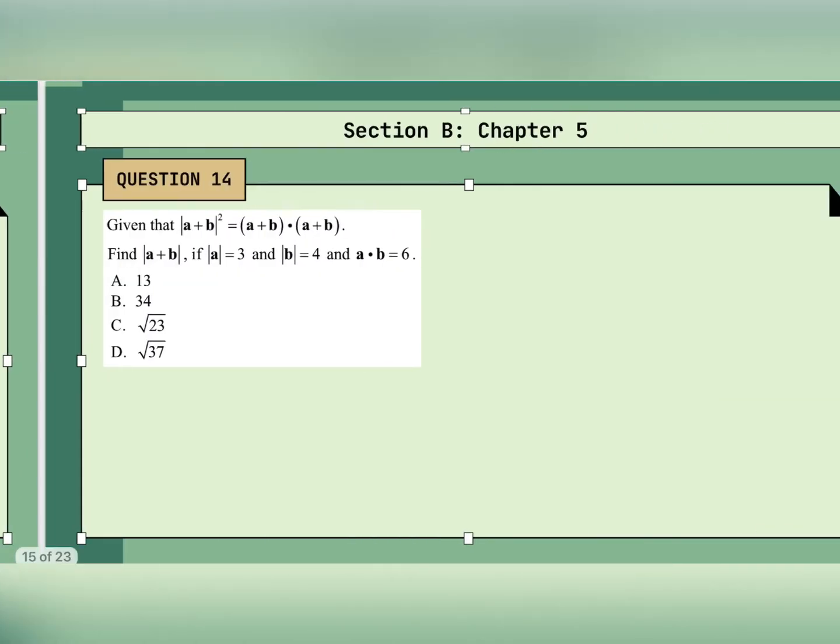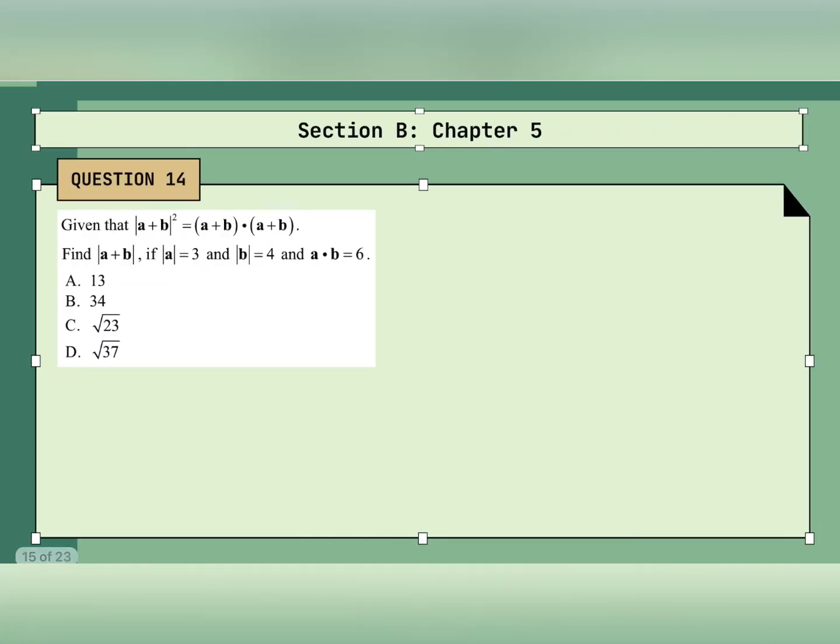Now, question 14. Given that the magnitude of A plus B squared is A plus B dot A plus B, find the magnitude of A plus B if magnitude of A equals to 3, magnitude of B equals to 4 and A dot B equals to 6. Okay. So kamu kena tengok properties of dot product tu macam mana.